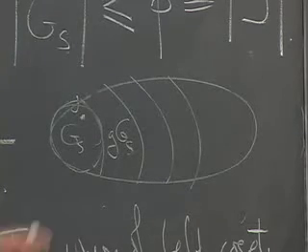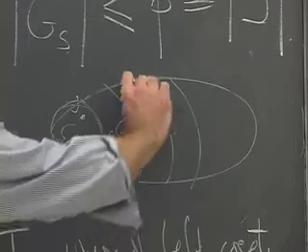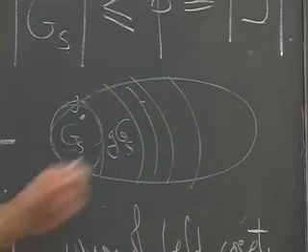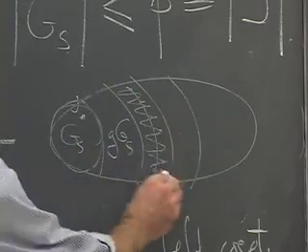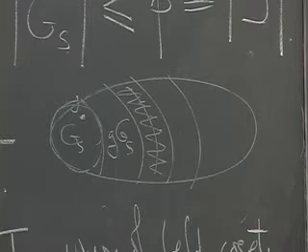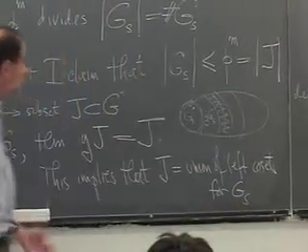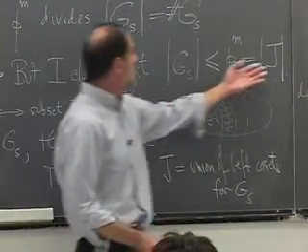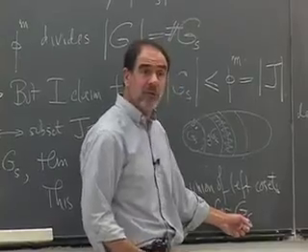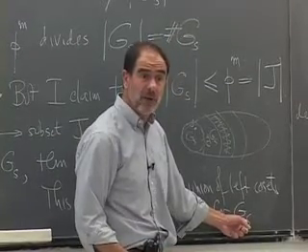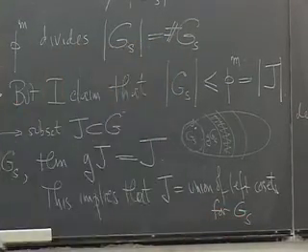Likewise, if my set J contains some element in another coset, then by the fact that G stabilizes that I can get anything in that coset by translating by GS. And consequently, the only stable subsets I can make under this GS are a union of these left cosets, and consequently the order of J has to be bigger than the order of GS, because the order of GS is the size of one of the cosets. And that's the end of the proof.